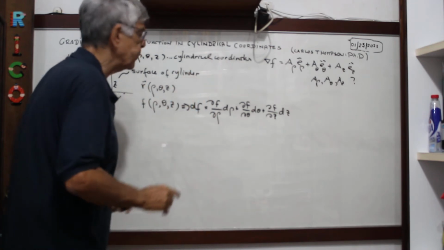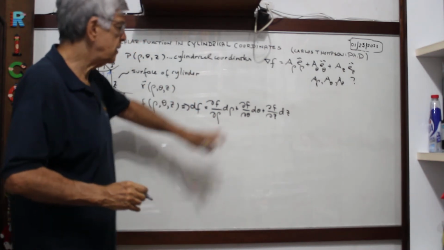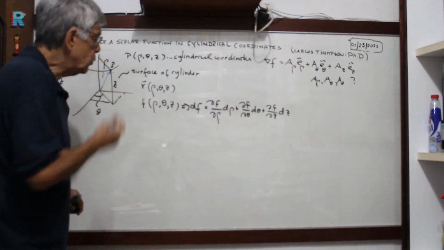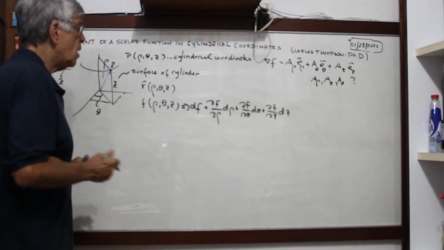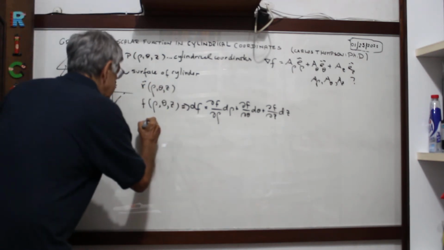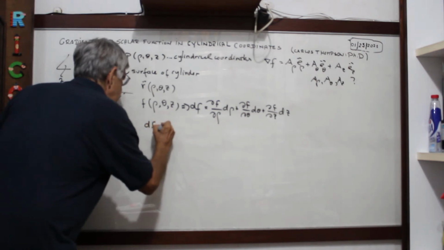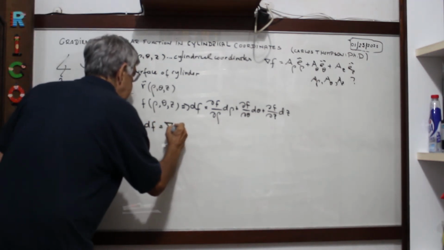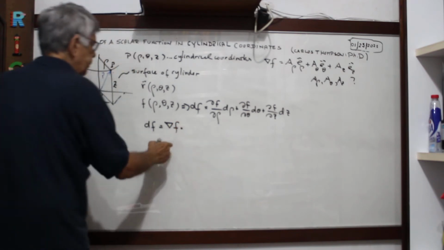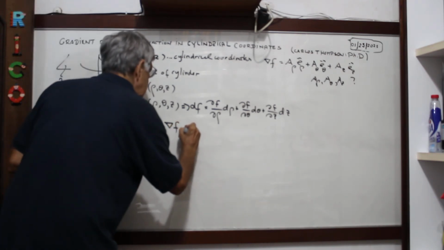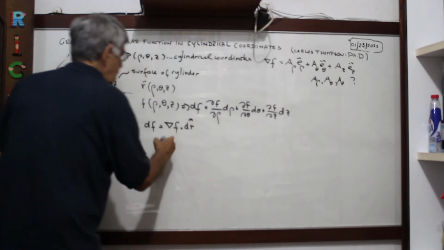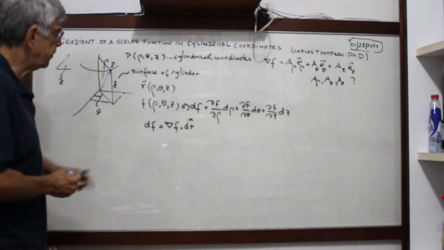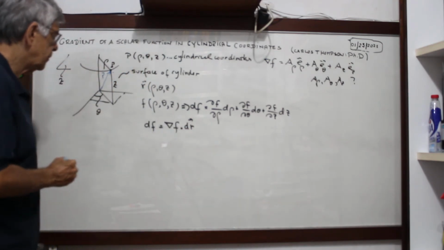This is very commonly used. On the other hand, the differential of f can be written as a dot product of the gradient of f dot dr.